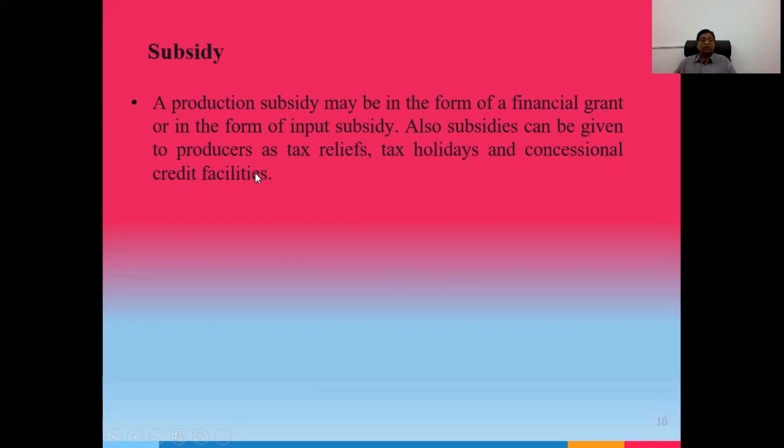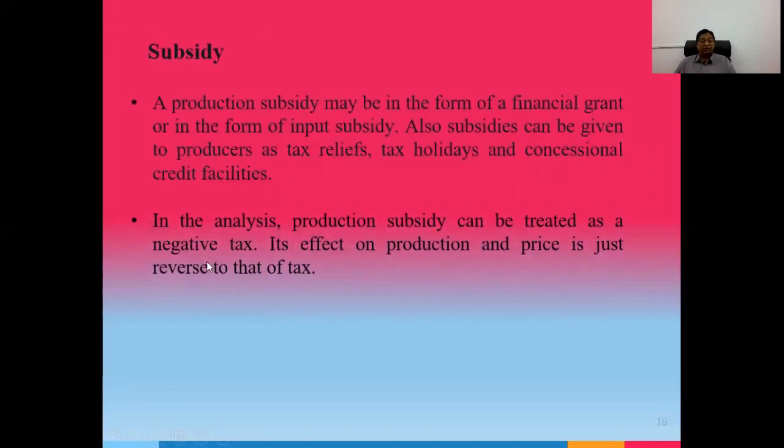These are the types of subsidies granted by government in addition to financial grant or input subsidy. Tax relief is also one form of subsidy. Tax holidays and concessional credit facilities are also treated as subsidy. In the analysis, production subsidy can be treated as negative tax, or reduction in tax.